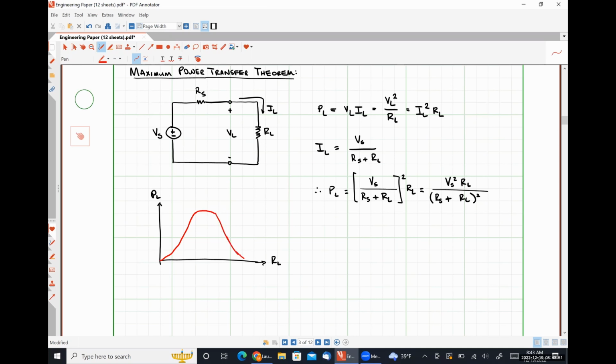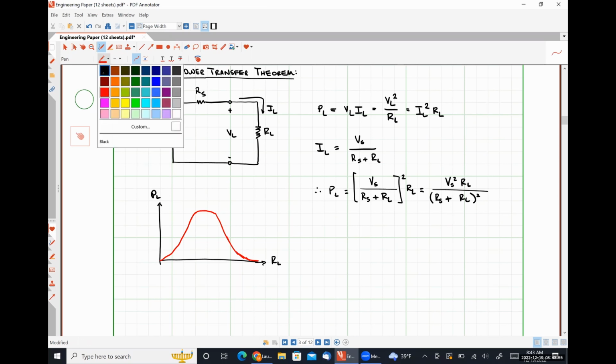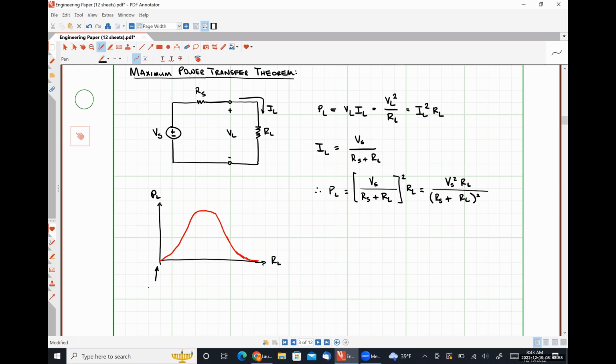It's going to look something like this, where way over here we have RL equal to a short circuit, so no power is delivered to it.